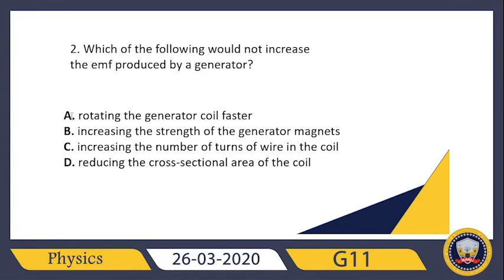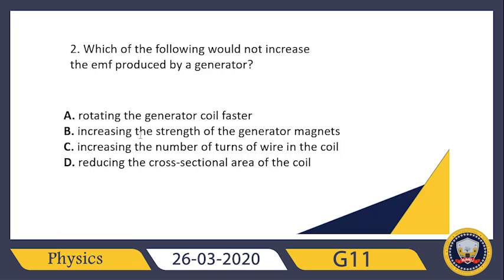First option, rotating the generator coil faster. Faster, guys, that means less time, and less time means more electromotive force. So no, if we use option A, we will have more electromotive force.